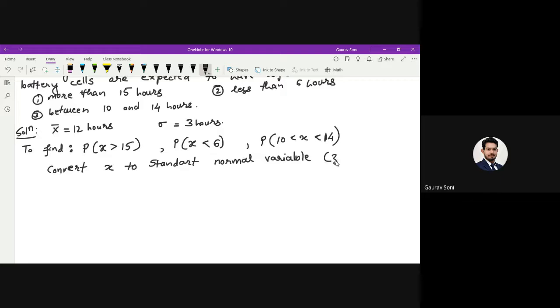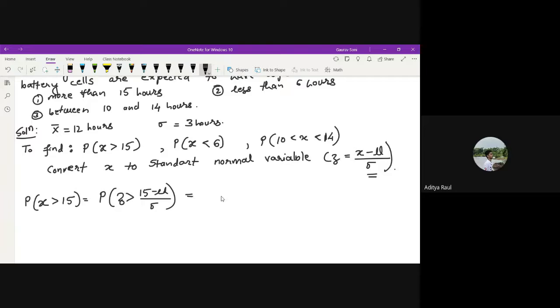By taking z as x minus mu divided by sigma. So the probability of x greater than 15 will be equal to the probability of z greater than 15 minus mu divided by sigma. Is it clear or is there still some problem? It is clear, sir.